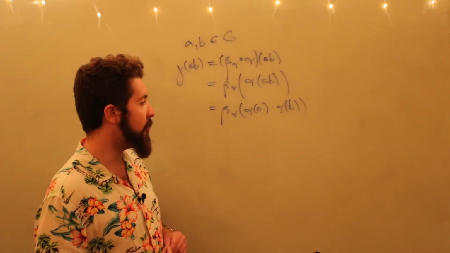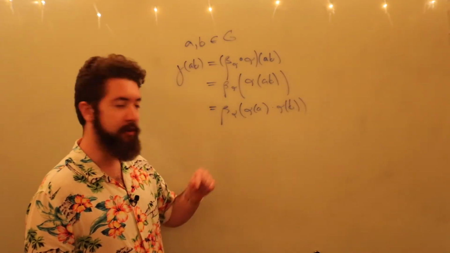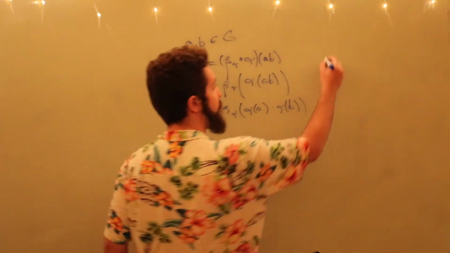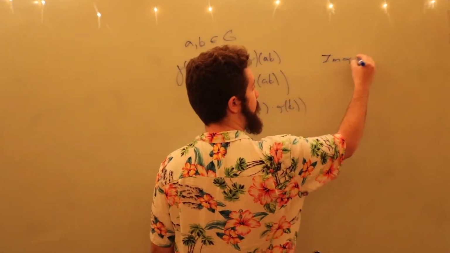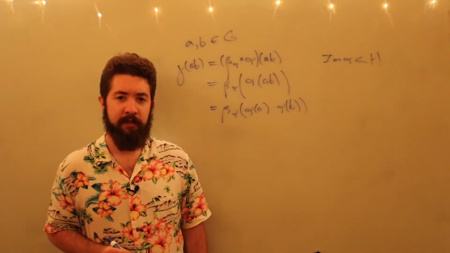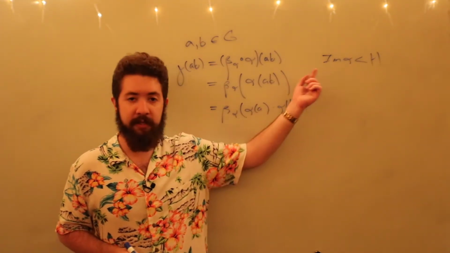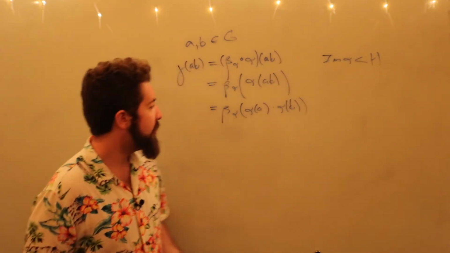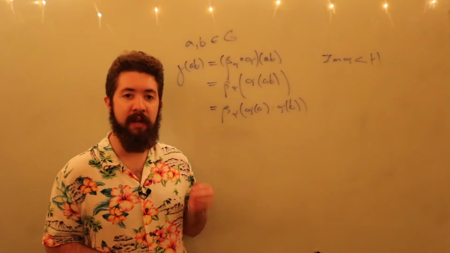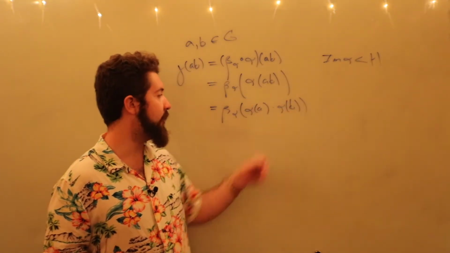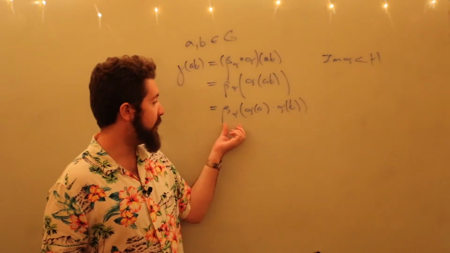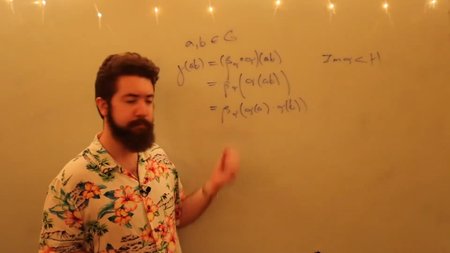Moreover, we proved before that the image of a group under a group homomorphism, namely the image of alpha here, is a subgroup of the group H. Now, since the image of alpha is a subgroup of H, this means that alpha of A times alpha of B is going to be another element in the image under alpha, which means particularly it is in the domain of beta restricted to the image of alpha.